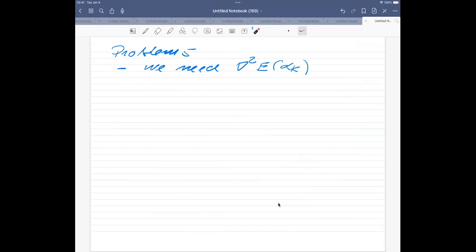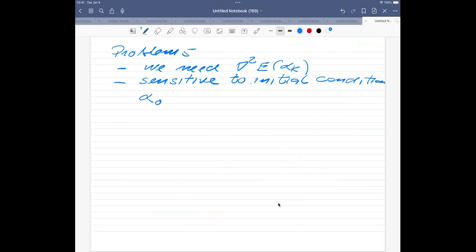Yeah, some black magic. Okay, so what we also need to think of here is that this is sensitive to the initial condition. And the initial condition is then this alpha 0. And you can see that quickly now, if your energy has some local minima, suppose the function you want to evaluate as a function of alpha looks like this.